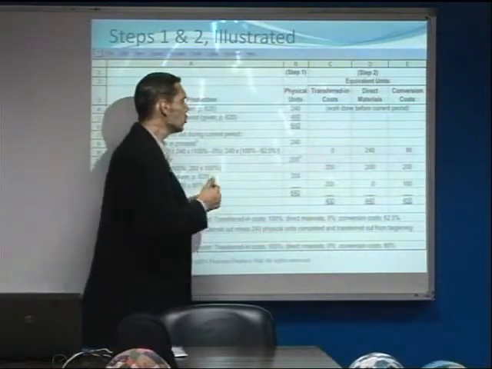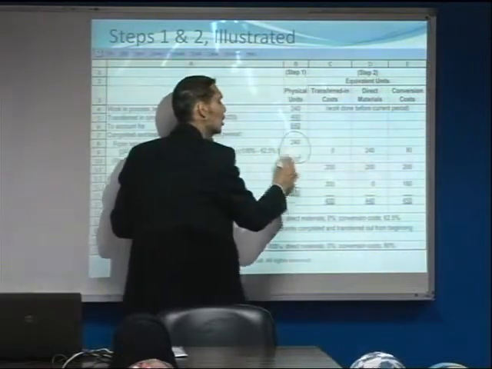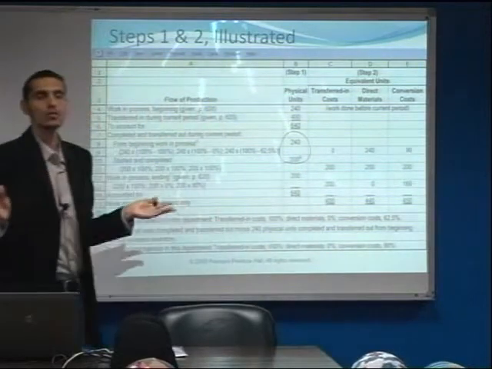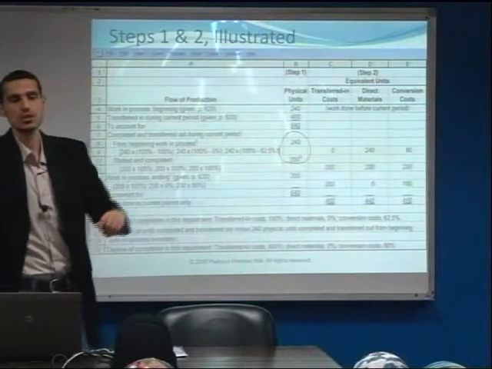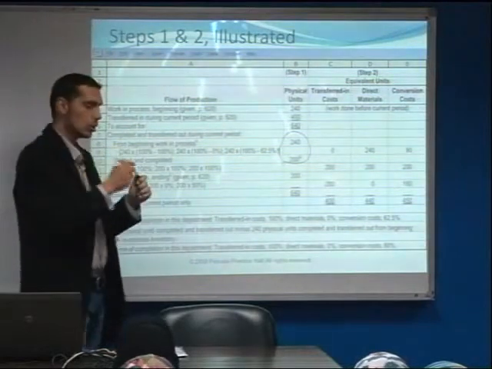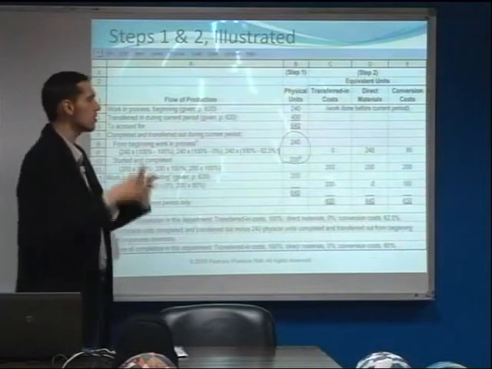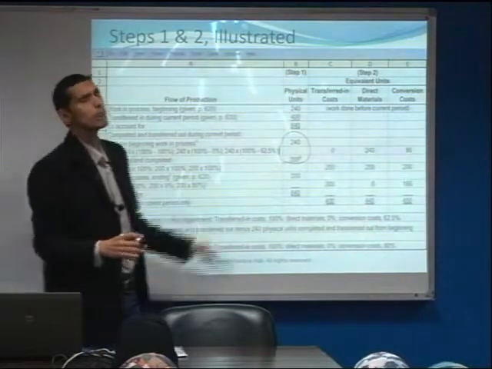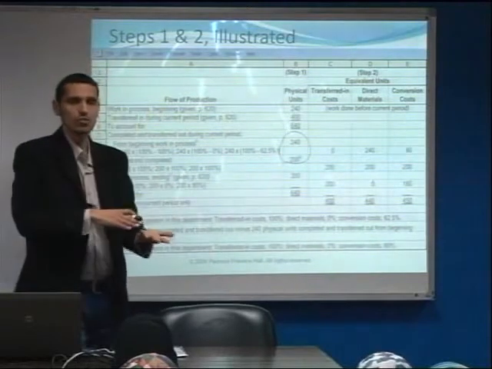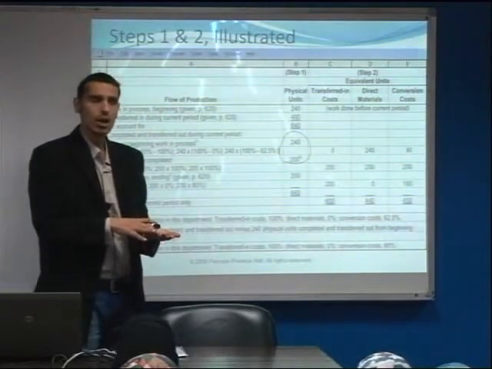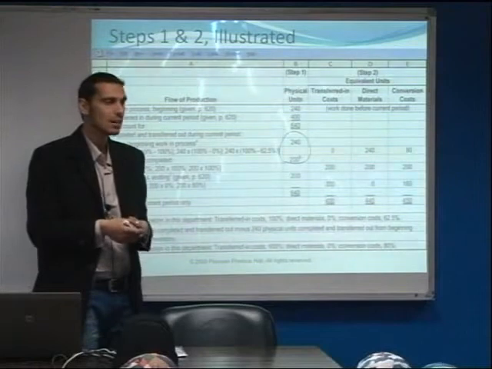These two would most definitely equal the 440, which are the total units that have been completed and transferred out into the warehouses or finished goods inventory. If 440 were finished, therefore we have 200 as unfinished or work in process ending inventory.